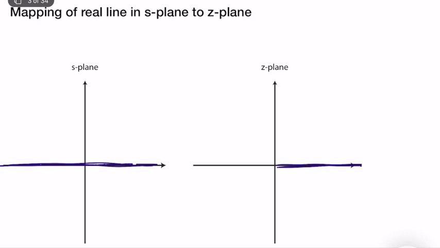What happens if sigma is less than 0? We are in the open left half plane. Z is equal to e to the power sigma T. Since sigma is negative, as you can see, the magnitude of z is less than 1.